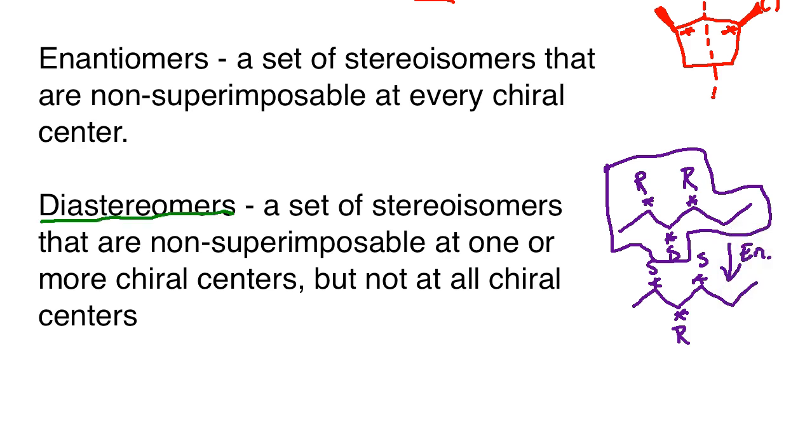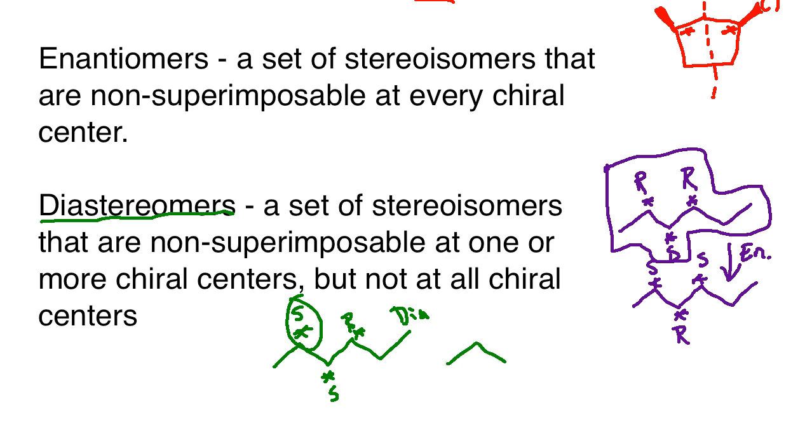I have to differ at at least one. So if I started with an R, we'll make this an S. I don't have to differ at the others, so we'll keep this one as an S, and we will keep this one as an R. So we're only going to differ at one stereocenter here. We'll keep two of them the same. This would be ranked as a diastereomer relative to the original compound we highlighted in purple.